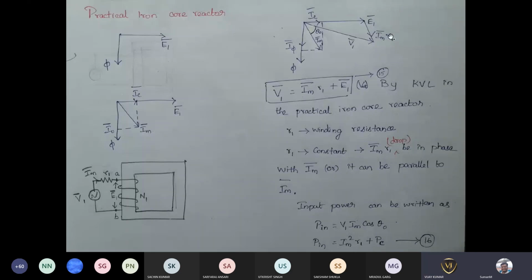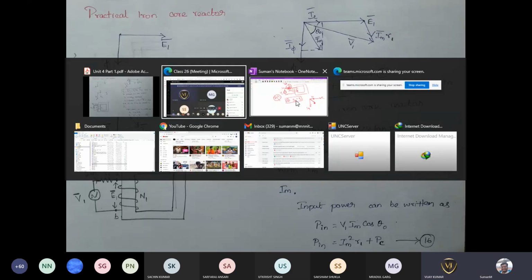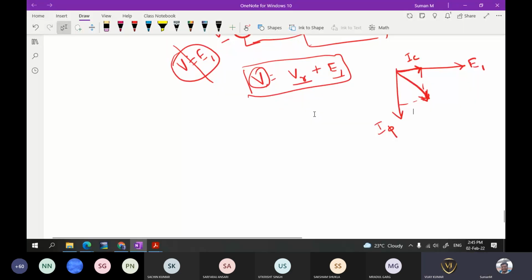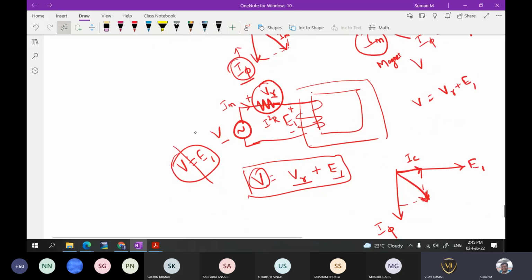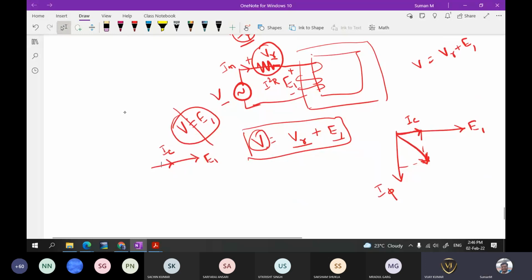That is the current flowing through the resistor in that particular path. So the point is, V is equal to VR plus E1. Now if you draw this in the phasor diagram, your E1 is here, then your IC is here. This represents the core loss component, and then you have one current, I5. Then you have the resultant current, IM, the magnetization current.